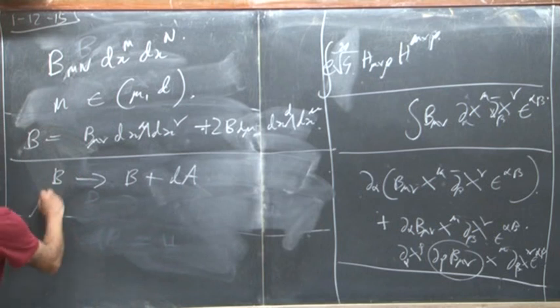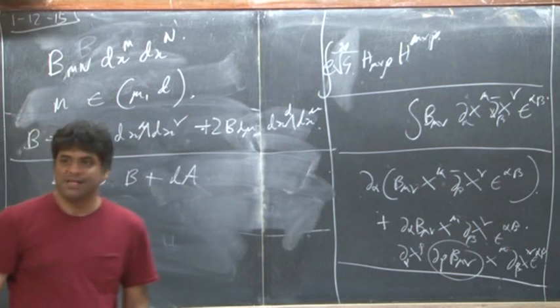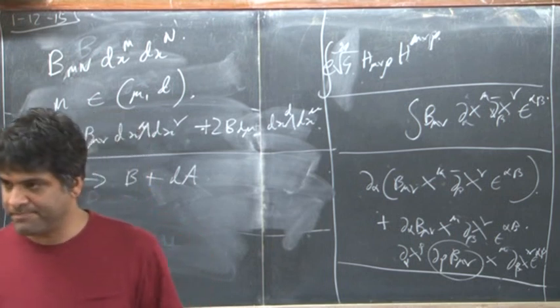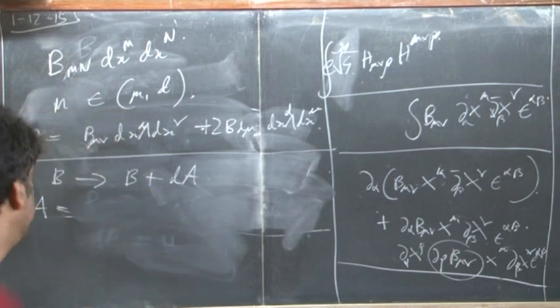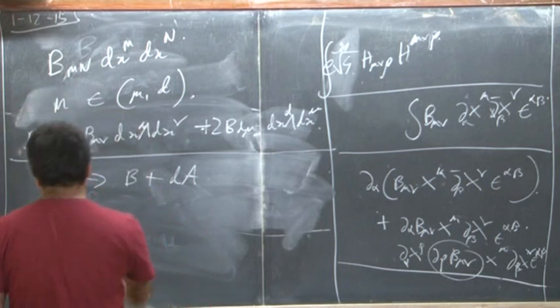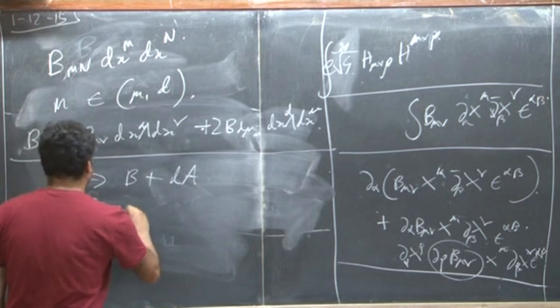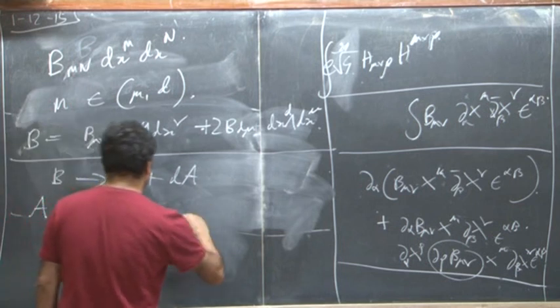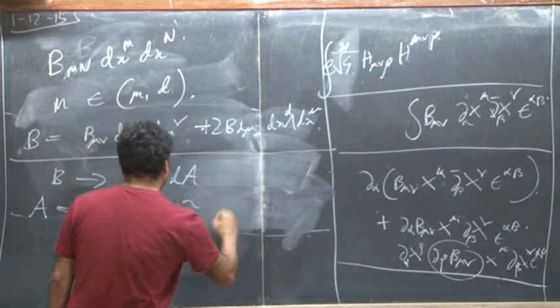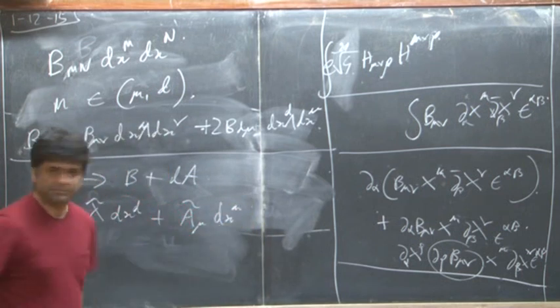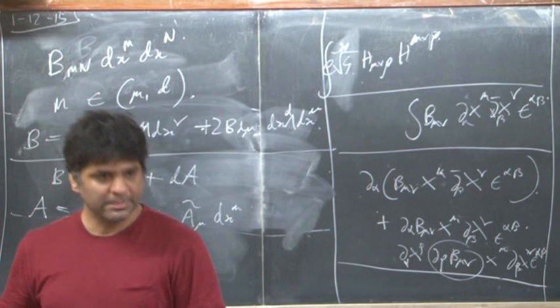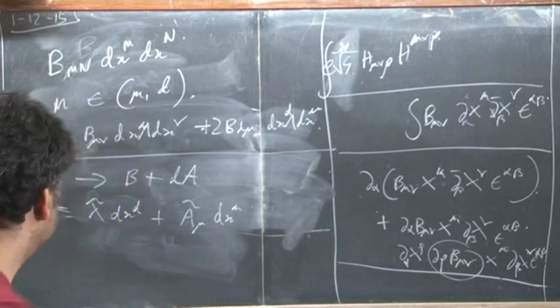Okay? Now our A itself had components in the d direction and the mu direction. So A was, let's say, lambda tilde dx^d plus A tilde mu dx^mu. Now let's decompose this.